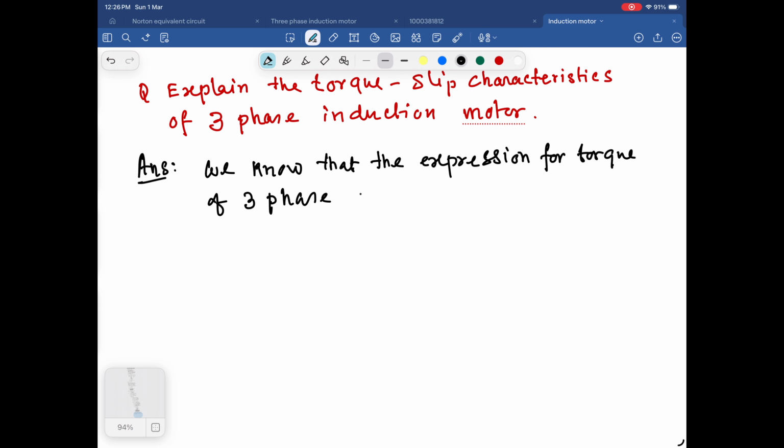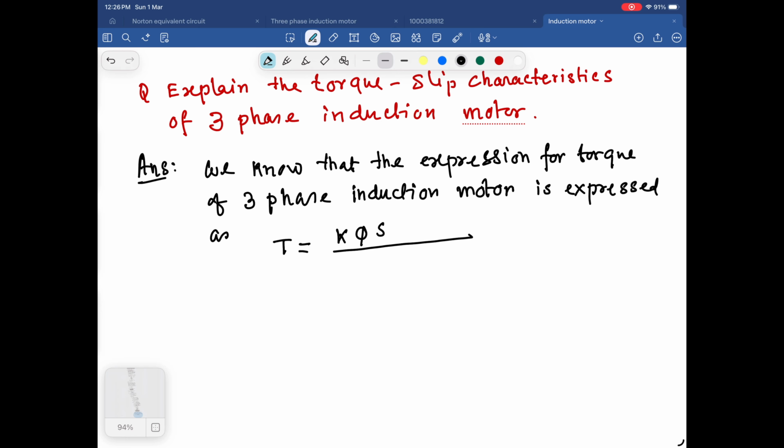So here I can express it as torque T is equal to K phi S E2 R2 by R2 square plus S X2 square.